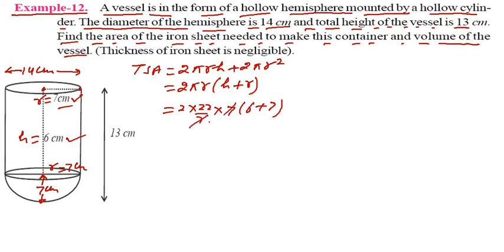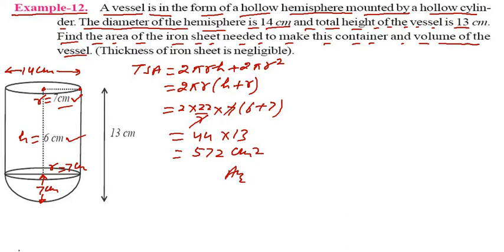So 7 cancels with 7, and we get 44 into 13. Now multiply this, we get the answer. It is 572 centimeter square. So that is the first answer.